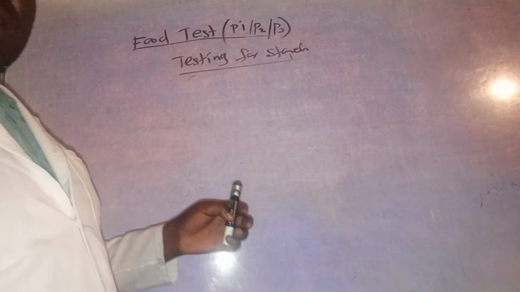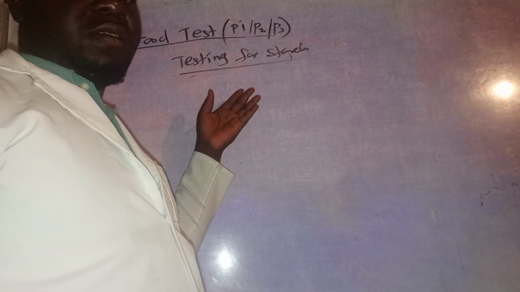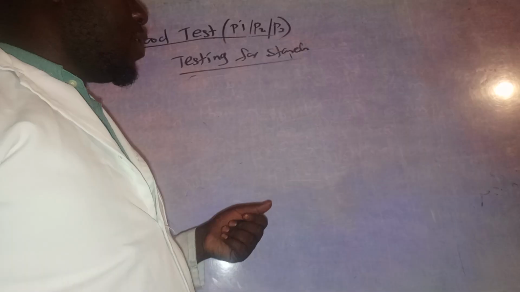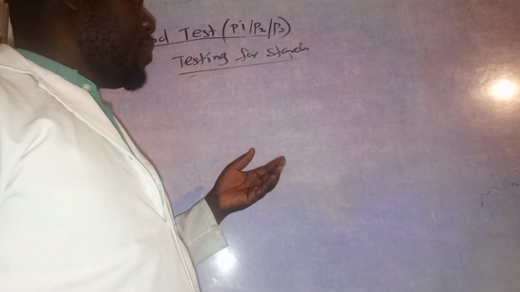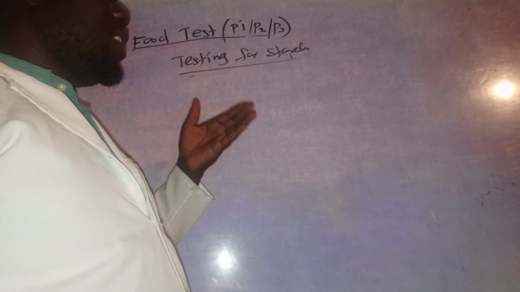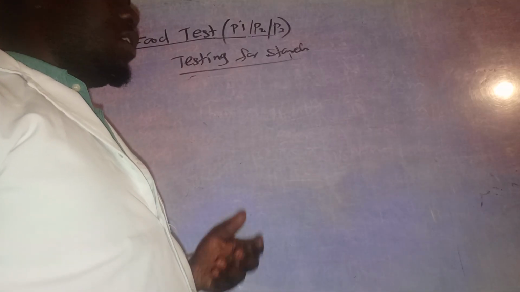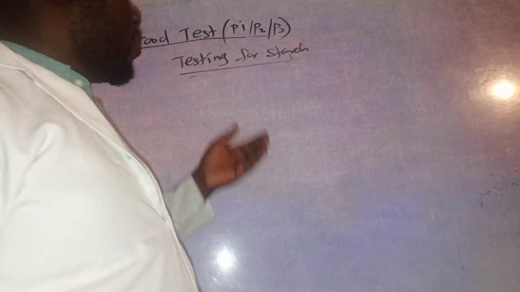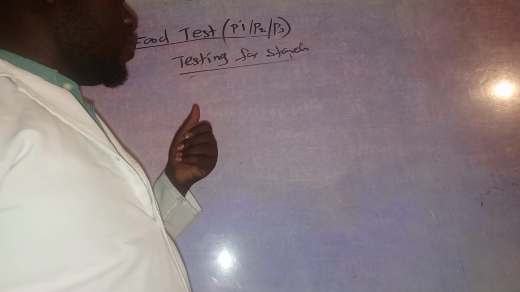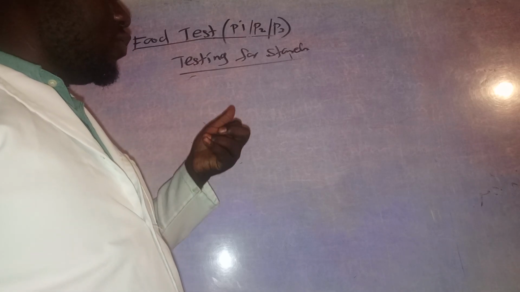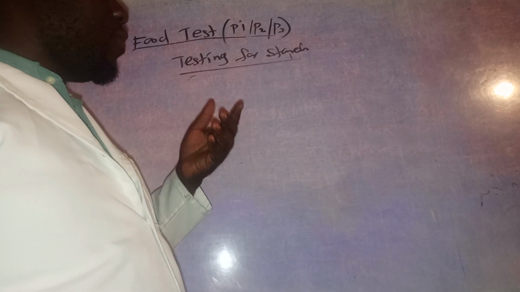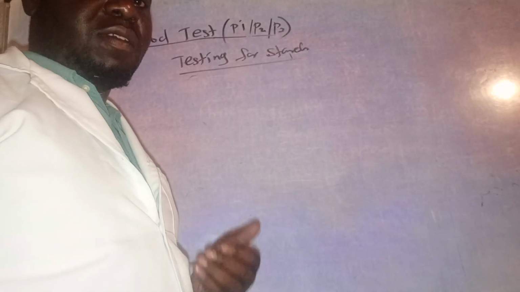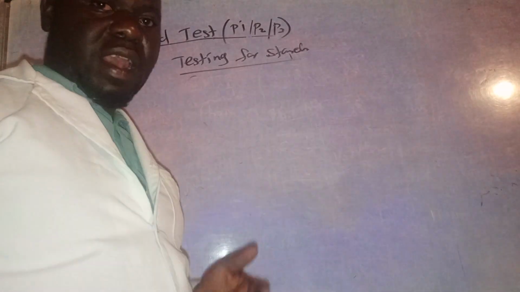Here we need to understand that sometimes they can give you the sample in liquid form, or sometimes in solid form. So you can still carry out the test for starch. Here I'll start with the solution form, for example, when a liquid form is given and they ask you to test for starch.